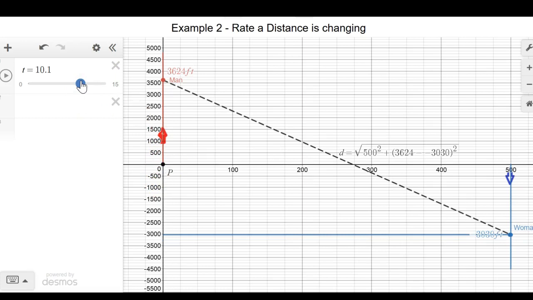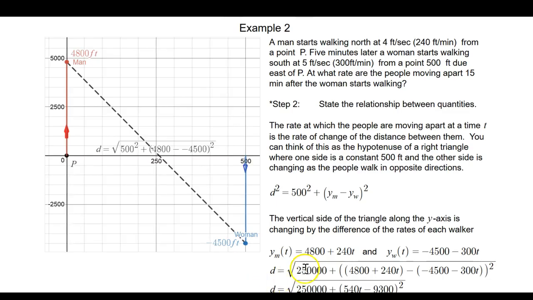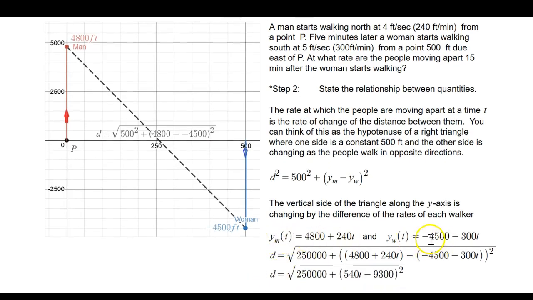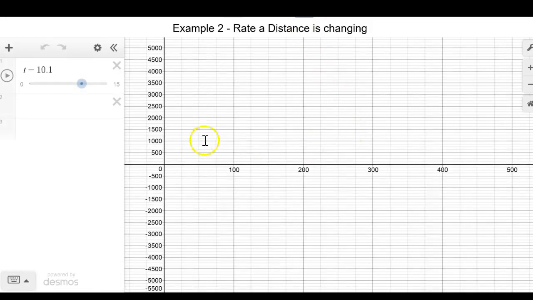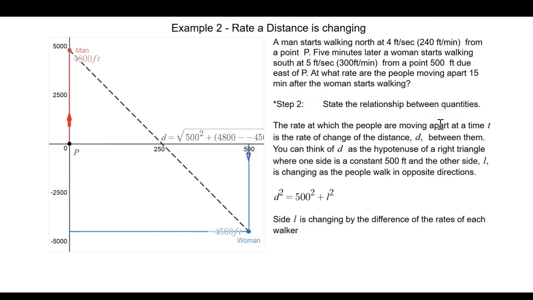So instead of trying to create the scenario we had in the last slide with parametric equations involving t and the distance formula, what we can do instead is set up the relationship between the quantities as a right triangle using the Pythagorean theorem.